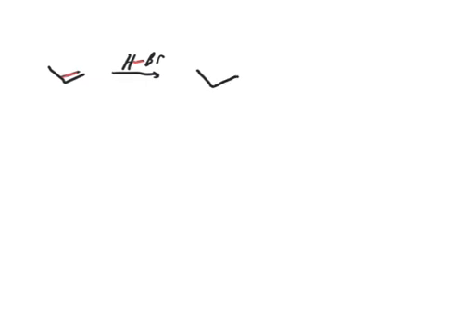So the first possibility is going to be if the hydrogen adds to this side and the bromine adds to this side. And the other option is going to be the hydrogen will add to this side and the bromine will add to this side. And I want to figure out which one is which.